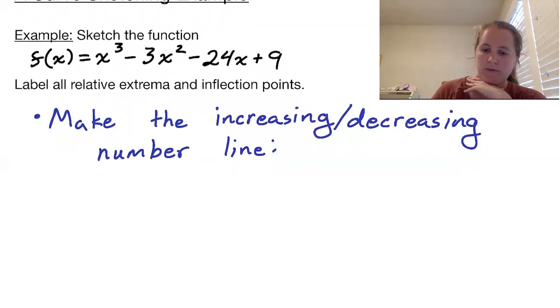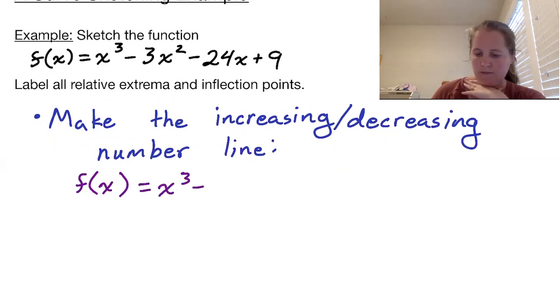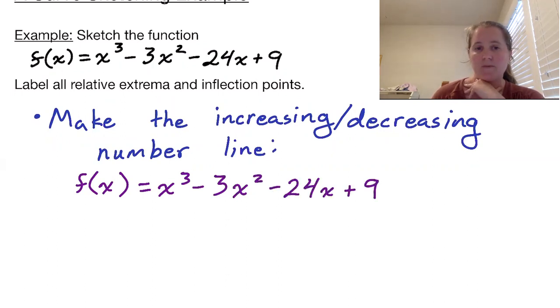So we know f of x is x cubed minus 3x squared minus 24x plus 9.